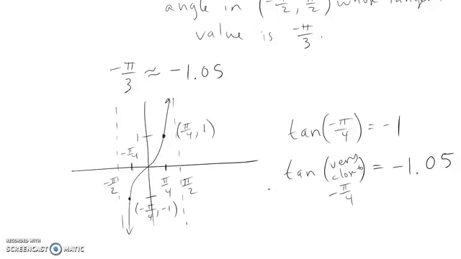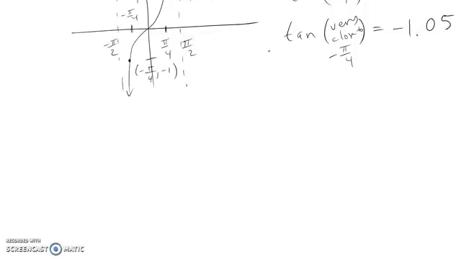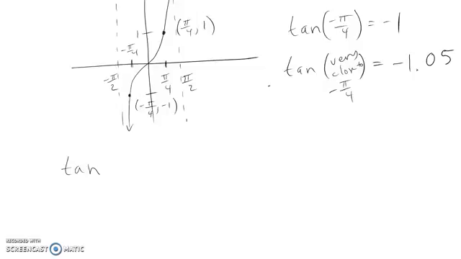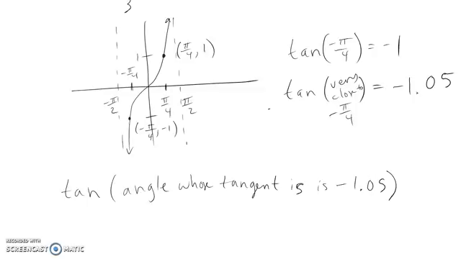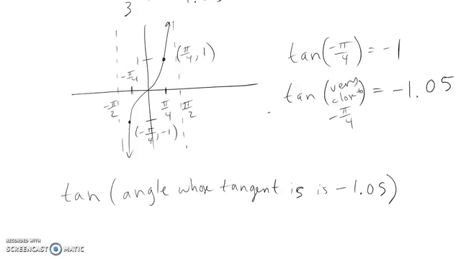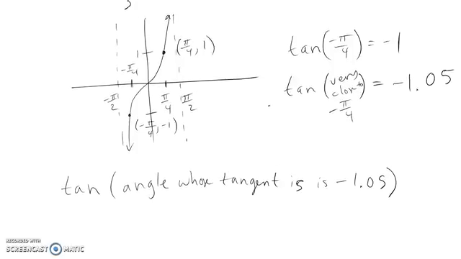Now think about what we're saying. If we rewrite our original question, the tangent of the angle whose tangent is negative 1.05 is going to be very close to tangent of negative pi over 4.